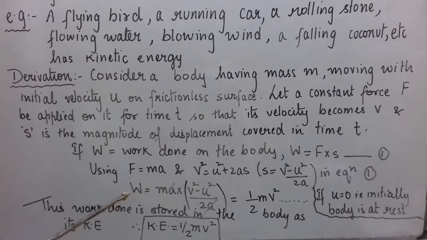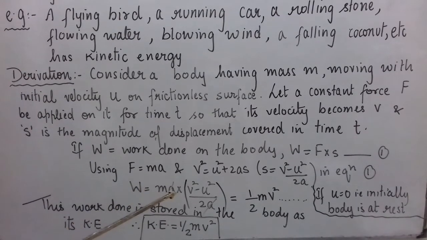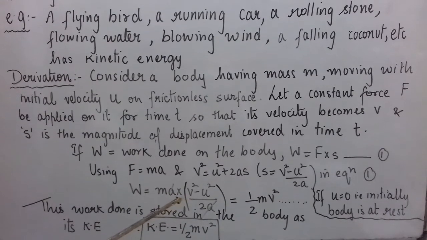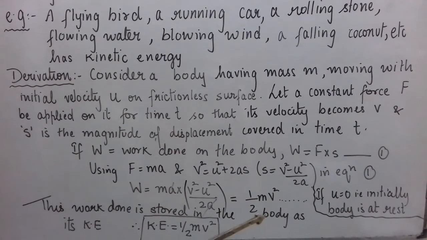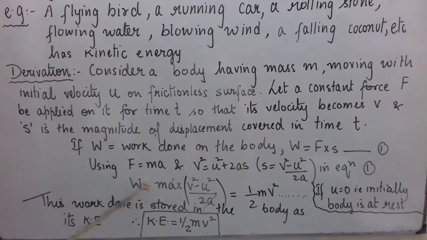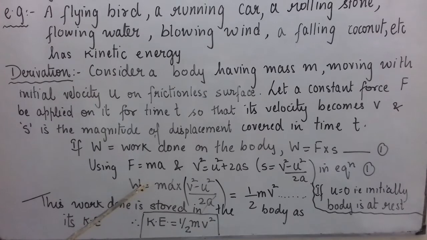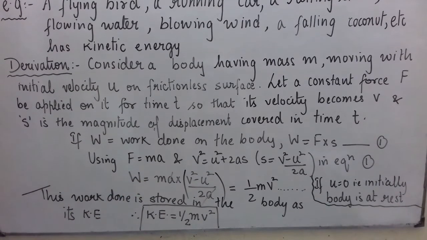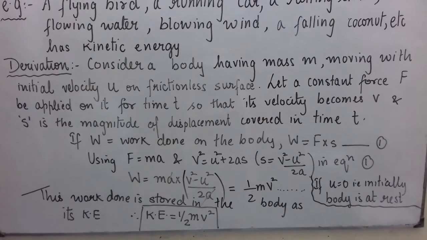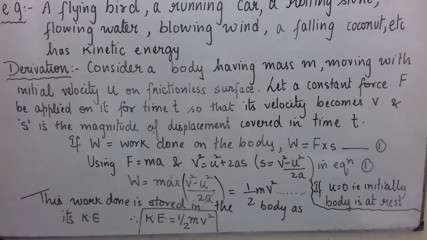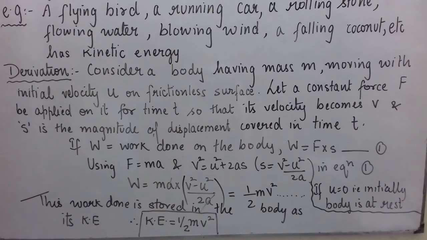What is that difference? Here, when you get W is equal to m by 2 into v square minus u square, don't take u is equal to 0. When you don't take u is equal to 0, when you open the bracket, this W will be half mv square minus half mu square. Half mv square is what? Final kinetic energy. And half mu square will be initial kinetic energy.